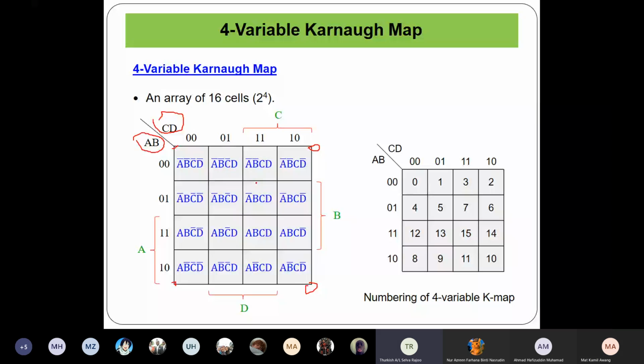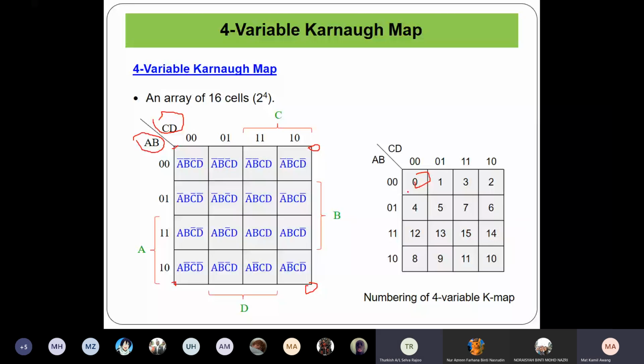Clear? Sir, the numbering on the side, we don't use it? Which one? This one? Yeah. This one is just to show you which min terms or max terms. It just indicates which box corresponds to which min term or max term.